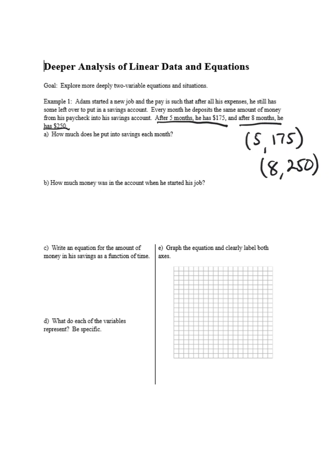Well, if he went from 175 up to 250, that's a difference of 250 minus 175, a difference of $75. And that was over 3 months, right? The difference of 8 minus 5 would be 3 months.